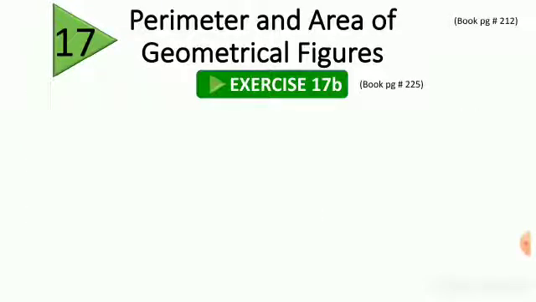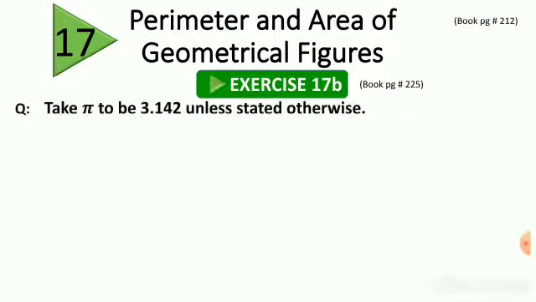Okay, next is exercise 17b. It's on page number 225. The question is, take pi to be 3.142 unless stated otherwise. As I have told you, the value of pi is constant, it's 3.142, or in fraction it will be 22 by 7. It's the decimal value.